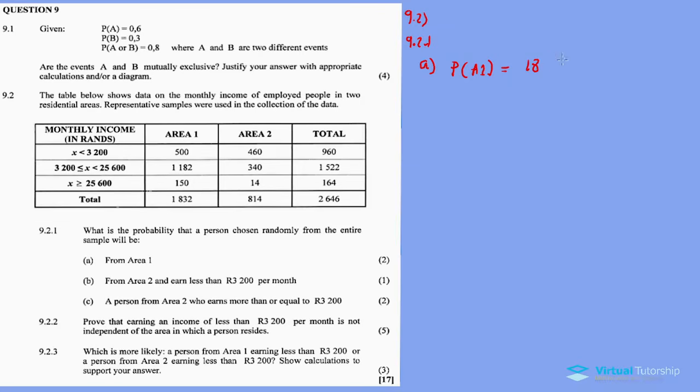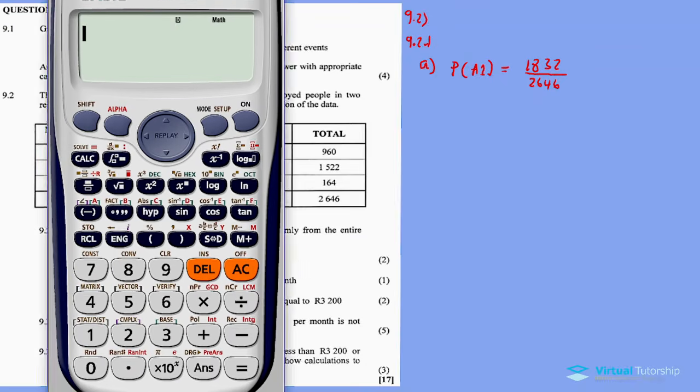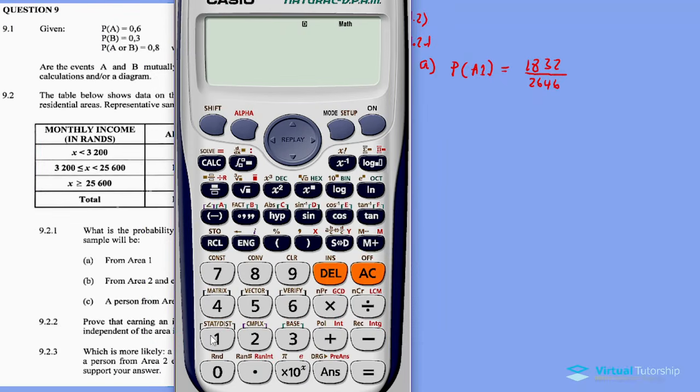So it's 1832 divided by 2646. Maybe we can do a further calculation, or divide the two, so that we get a simplified answer.